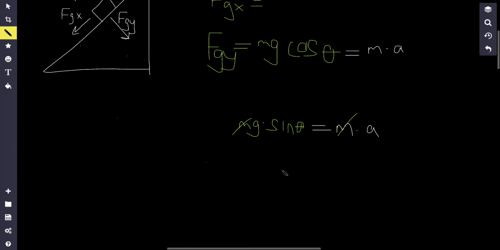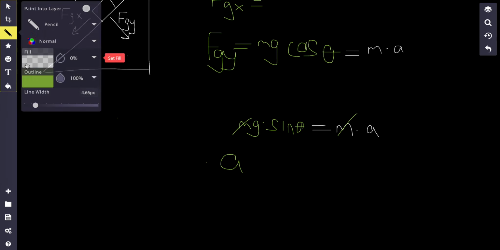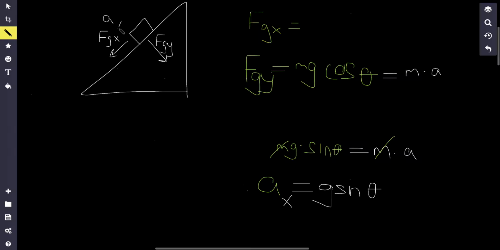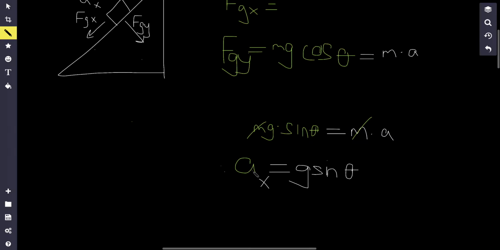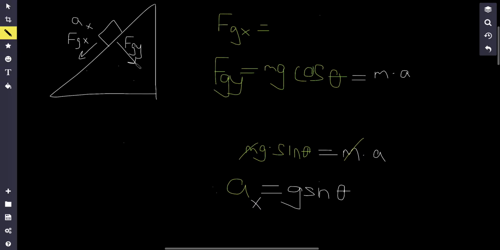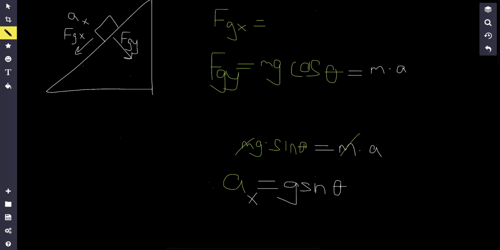The mass cancels out, and you get that the acceleration in the x direction is equal to g sine theta. So notice how acceleration is not dependent on mass, meaning you do not need to know the mass of the object in order to find its acceleration. All it's dependent on, assuming we're on Earth, is the angle of the surface.